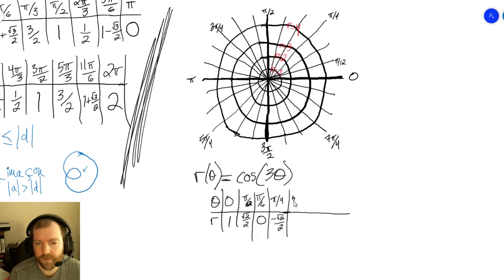At pi over 3, the next one, we end up getting pi, for which the cosine value is negative 1. We get 5 pi over 12. Triple it, we get 5 pi over 4, which is still a negative root 2 over 2.